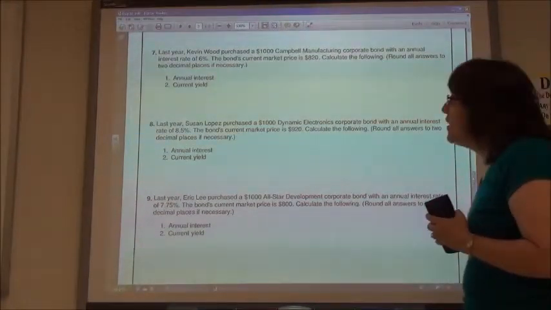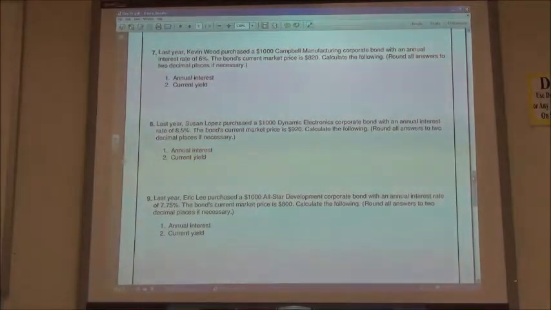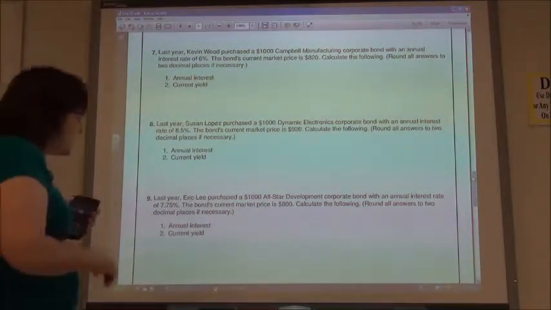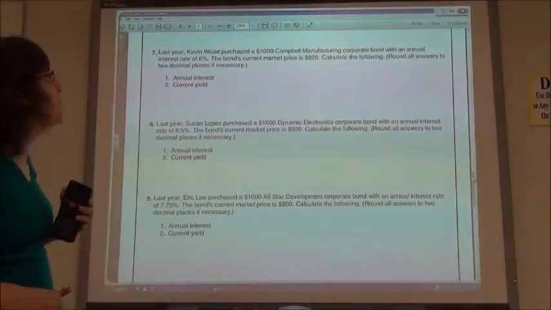Number 7, last year Kevin Wood purchased a $1,000 Campbell Manufacturing corporate bond with an annual interest rate of 6%. The bond's current market price is $820. So you'd pay $820 to purchase your $1,000 bond. Calculate the following and round your answers to 2 decimal places if necessary. So again, it's looking for the annual interest just like on the previous ones.